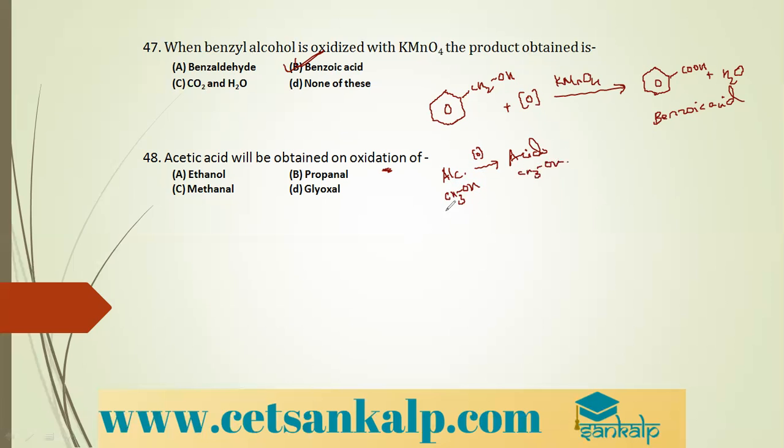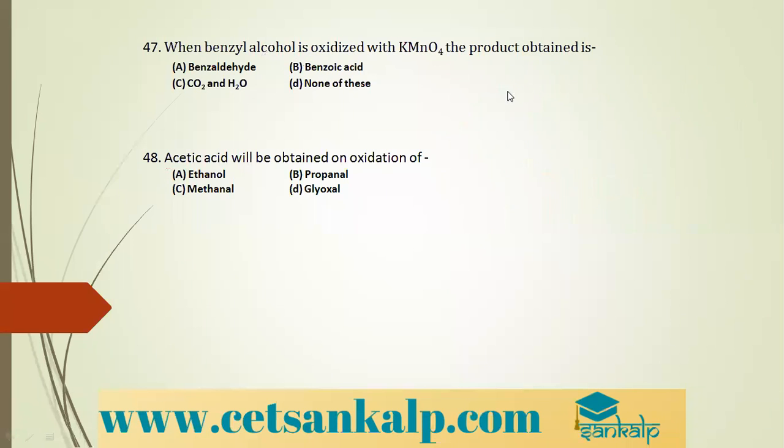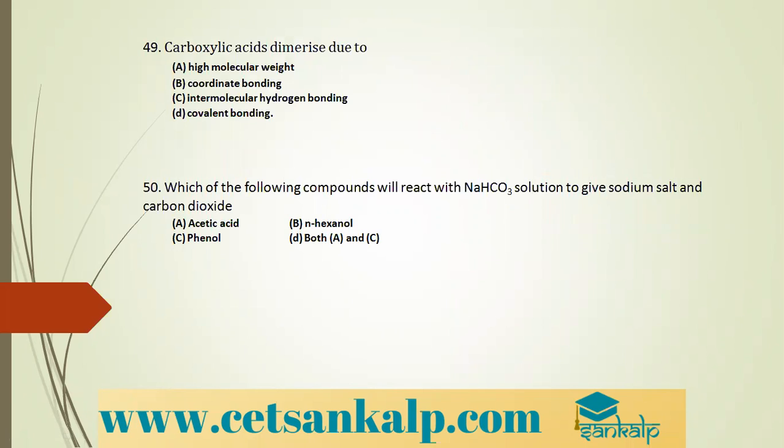If you take ethyl alcohol, CH3CH2OH, you get ethanoic acid, CH3COOH, and this is called acetic acid. So if you want acetic acid by oxidation, you should use ethyl alcohol or ethanol. Ethyl alcohol is the common name, ethanol is the IUPAC name, right? So if you carry out oxidation of ethanol, we get acetic acid.